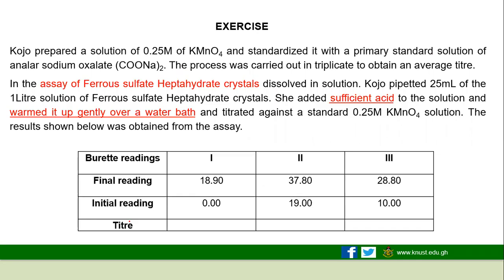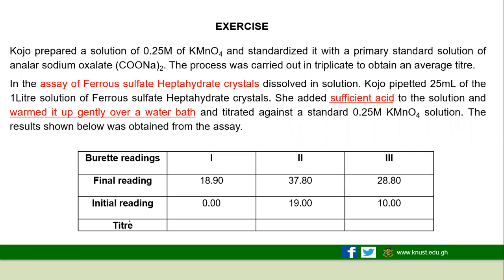Now, that's a typical question for us to go through. We are saying that Kofi prepared a solution of 0.25 molar KMnO4 and standardized it with the primary standard of anhydrous sodium oxalate. Now, the process was carried out in triplicate to obtain an average titer. And so, as I said before, before we do a titration, you do a standardization, and that is what has been captured in the first part of the question.